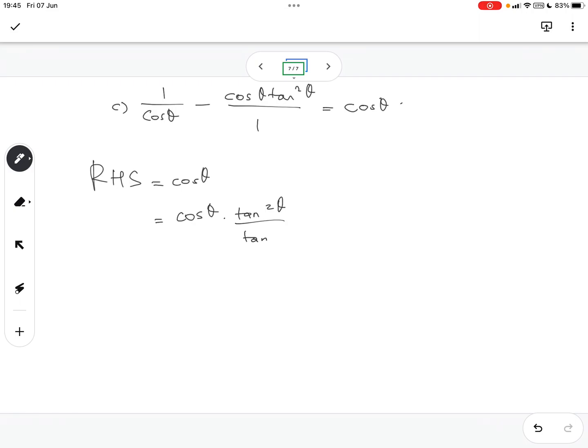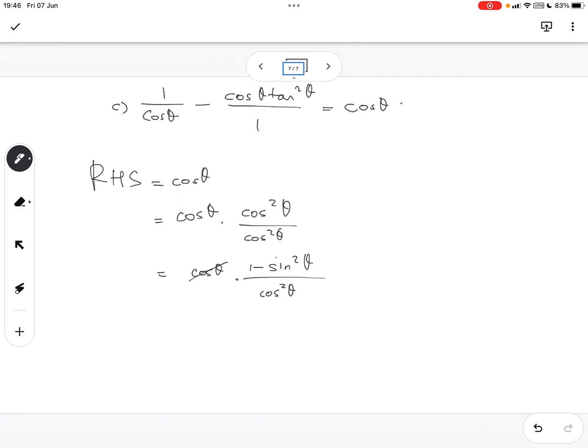If I multiply this by tan squared over tan squared, okay, maybe not. On the other side, we've got a denominator of cos. So maybe let me multiply with something that has cos. So let me multiply with cos squared theta over cos squared theta.